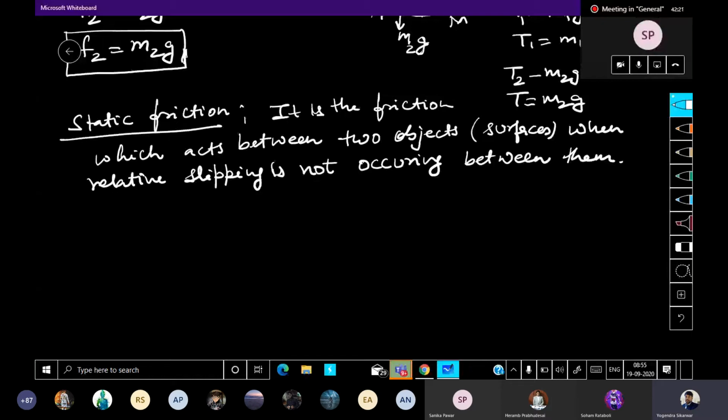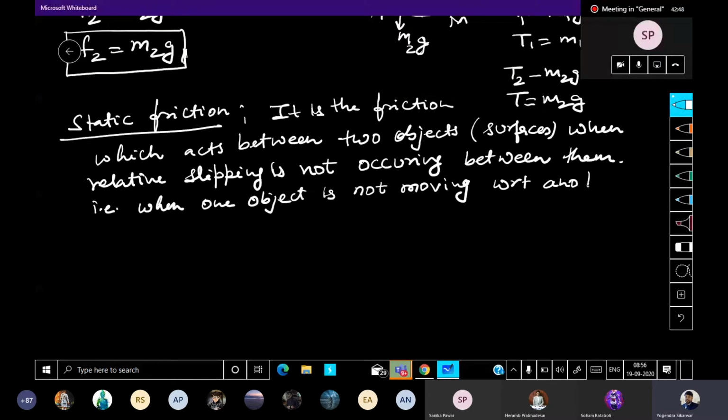What does it mean? That means one object is not moving on another object, or with respect to another object. That is, when one object is not moving with respect to another object.